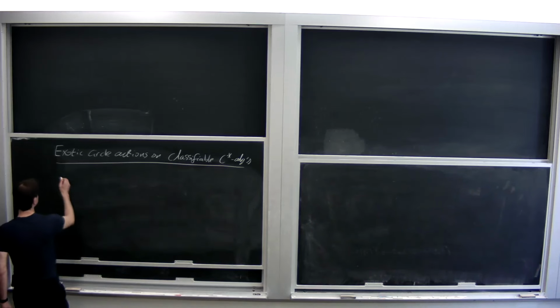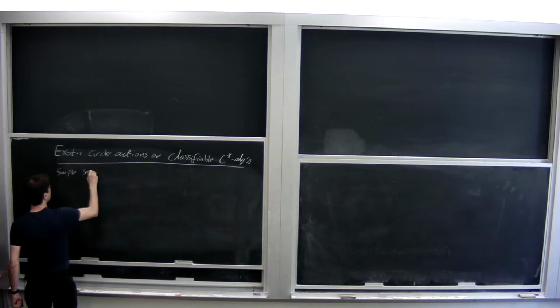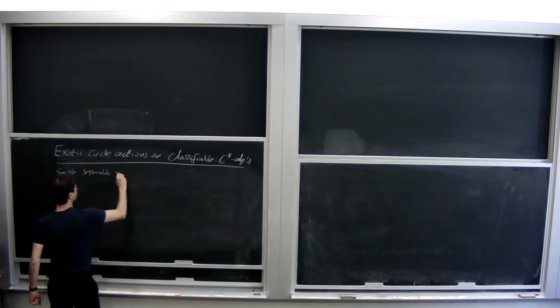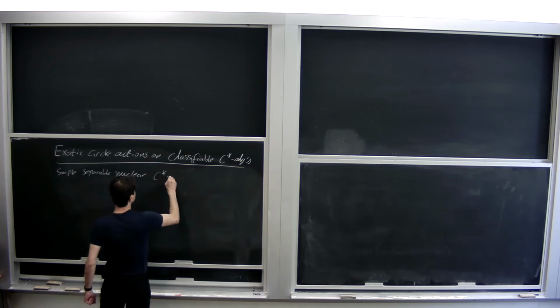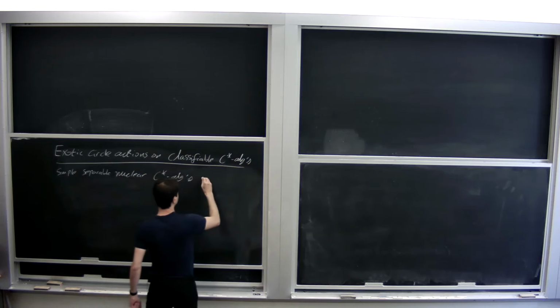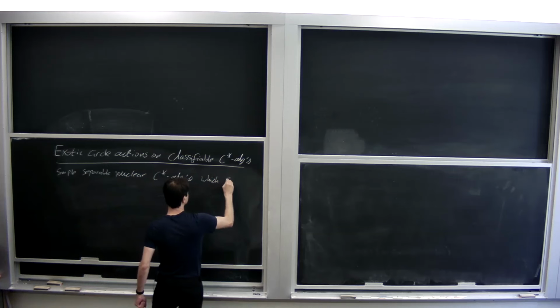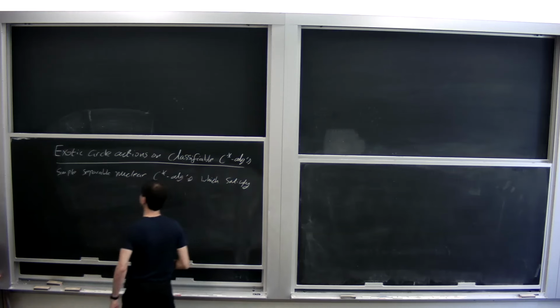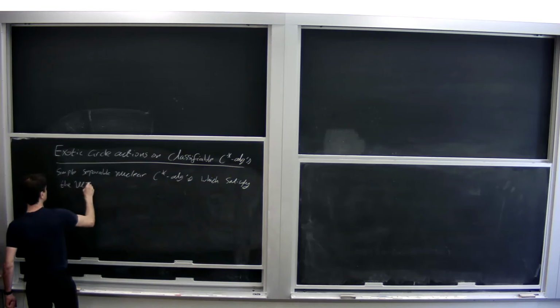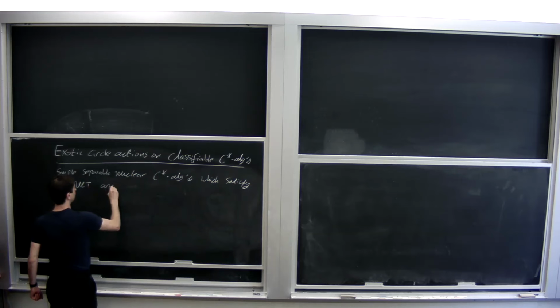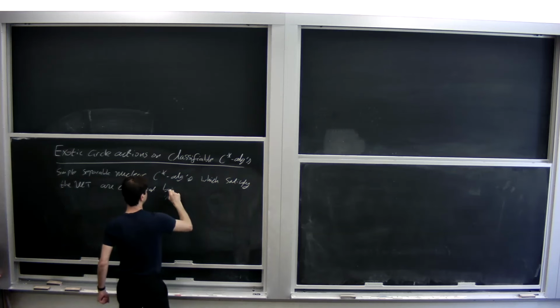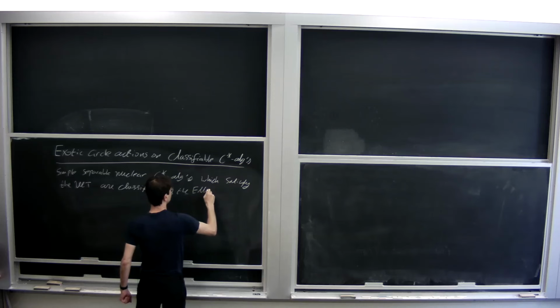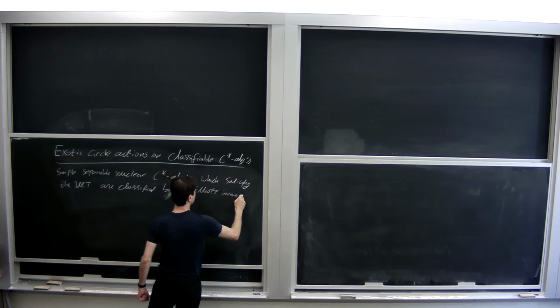Okay, so we know that simple separable nuclear C-star algebras which satisfy the UCT are classified by the Elliott invariant, provided they are Z-stable.